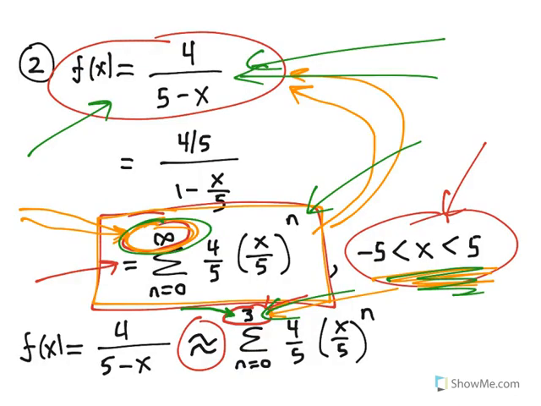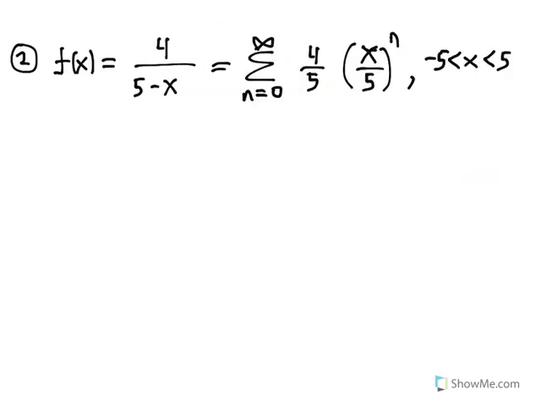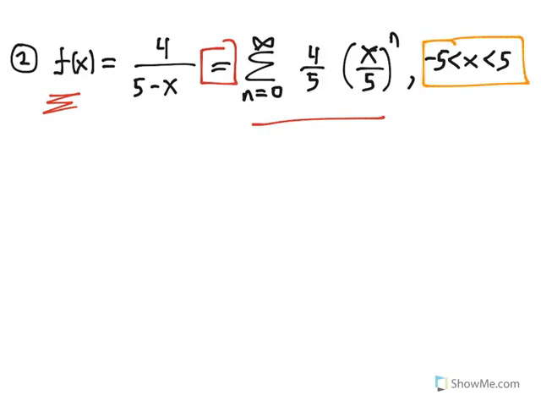I'd like to demonstrate what that means. What does it mean to say that this geometric power series, of course the infinite geometric power series, is an exact representation for the function? Let's look at that. So what does it mean to say that our function is represented exactly by this geometric power series on this interval of convergence?